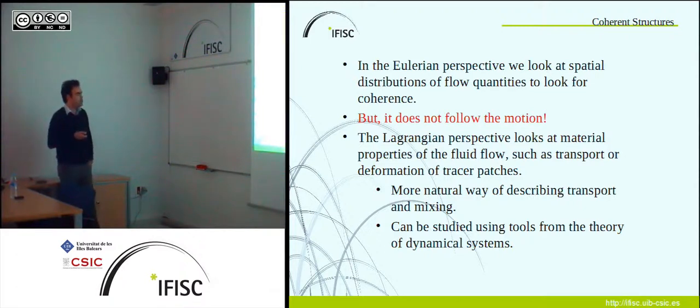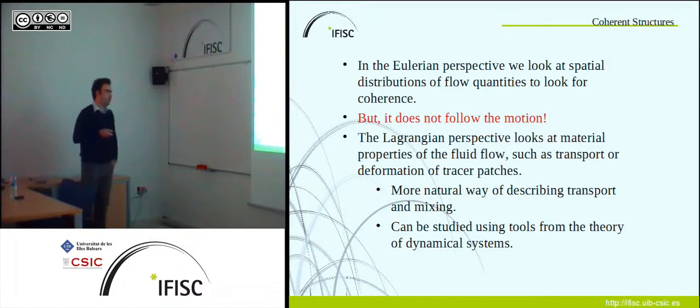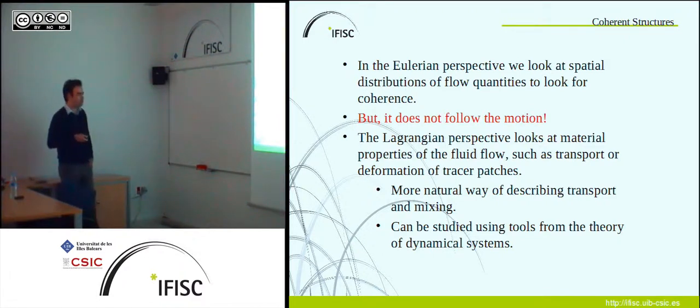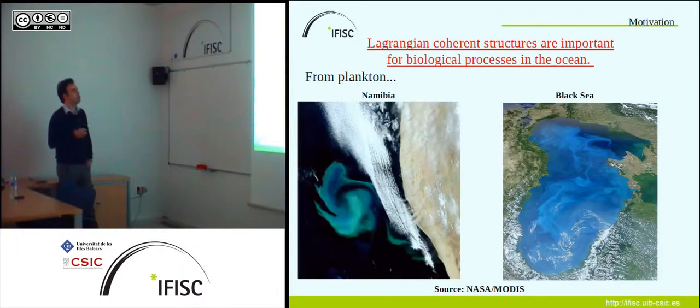Because of this, we think it's a more natural way of describing the transport and mixing of the fluid material, and also it can be studied using tools from the theory of dynamical systems, which I will show you in a few slides. But first, I would like to try to convince you of why it is important to look at coherent structures in the Lagrangian perspective.